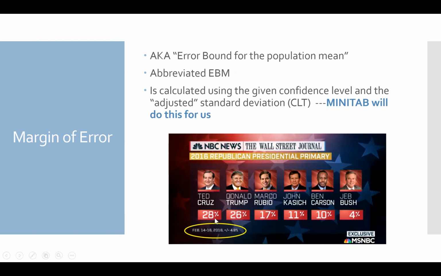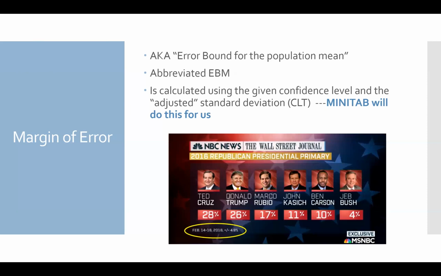That's how much these values could be off. So technically, Ted Cruz could have had between about 23% to 33% of the vote. Donald Trump would have had roughly between 21% and 31% because we're off by about plus or minus 4.9%, roughly 5%.